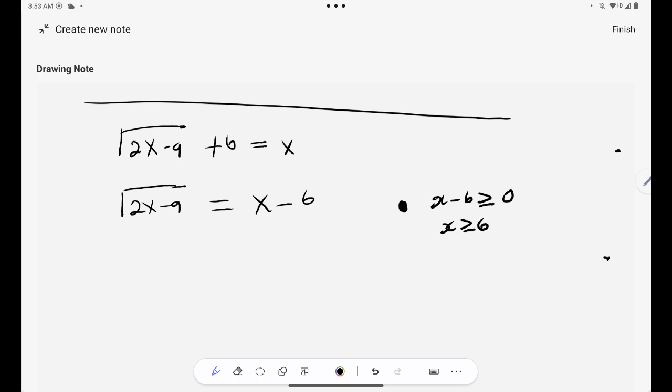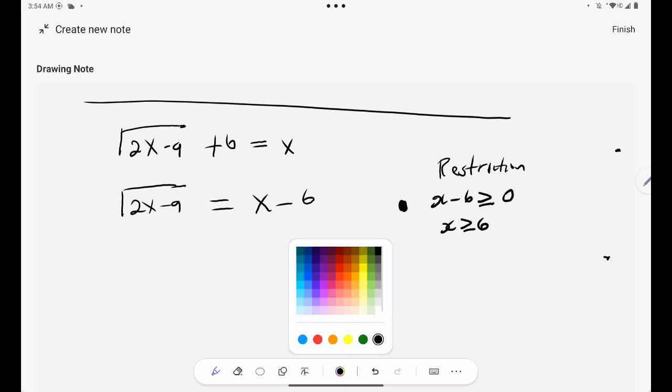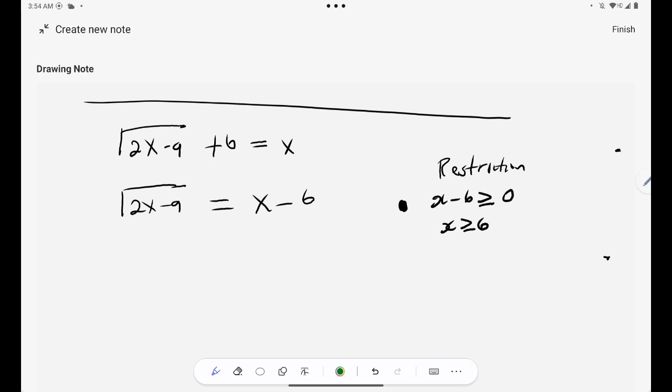If it's not greater or equal to 6, that solution is not applicable. Are we together? So whatever solution that I get for my x value has to be greater or equal to 6. Okay. Now we are done with the restriction. Let's get on to solving.